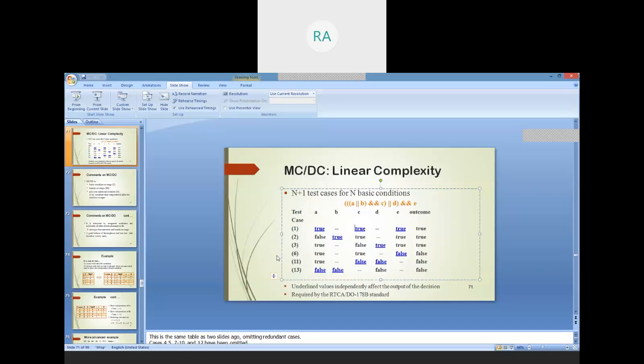Here they are not considering all the possible values for A, B, C, D, E. Instead, they are just picking certain important combinations and proving that they impact the outcome, rather than considering all the possible combinations.